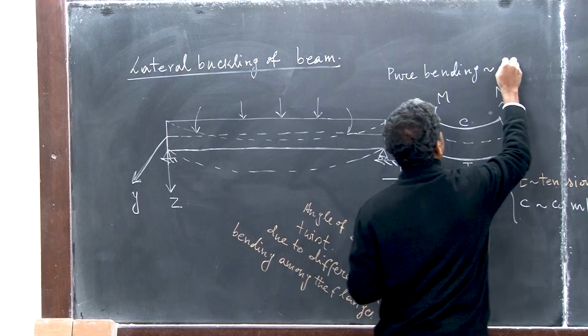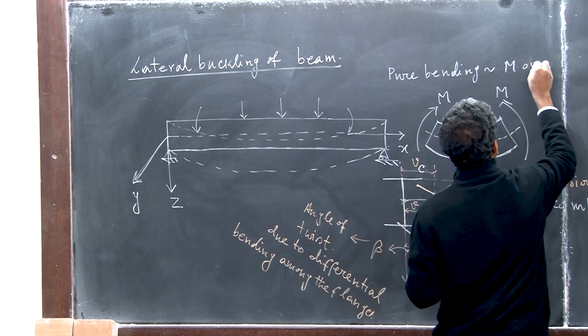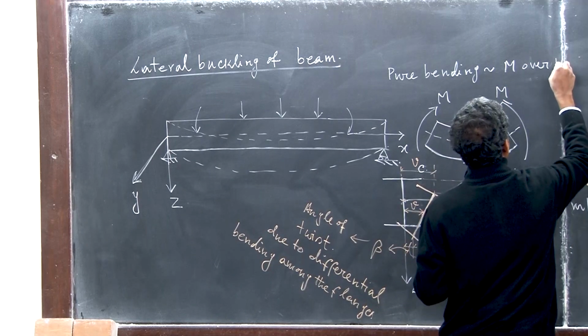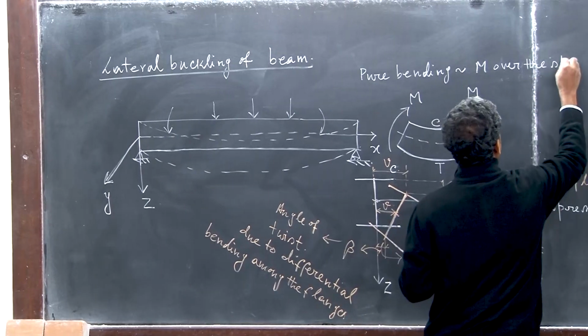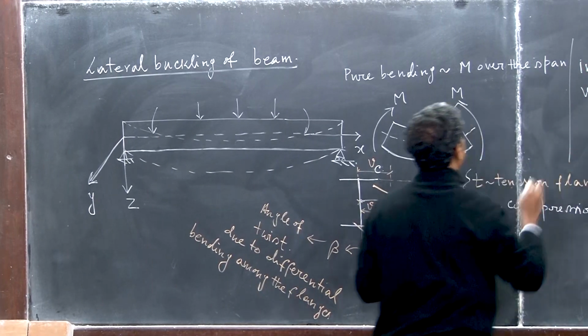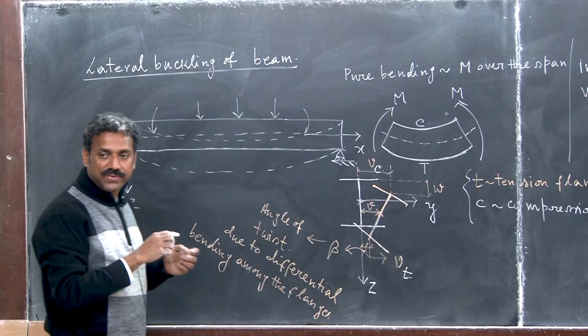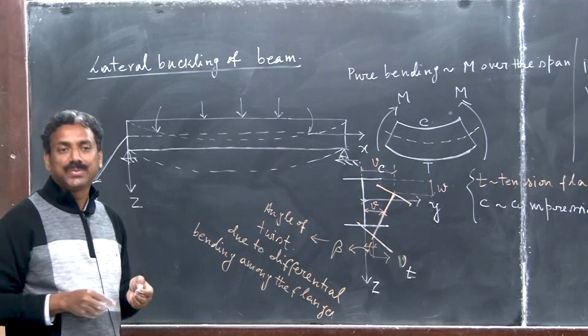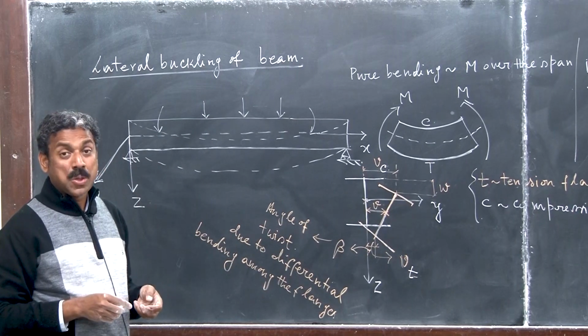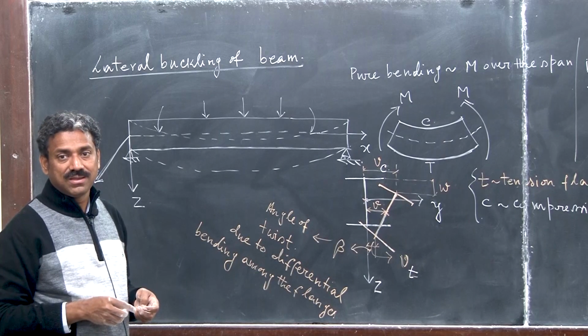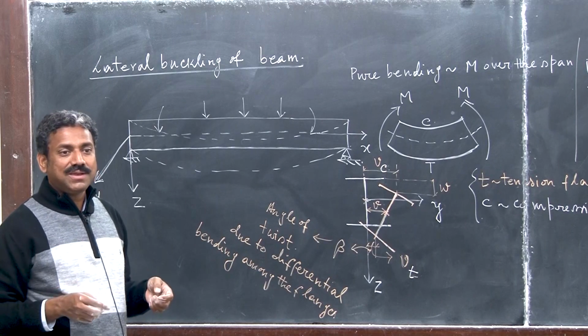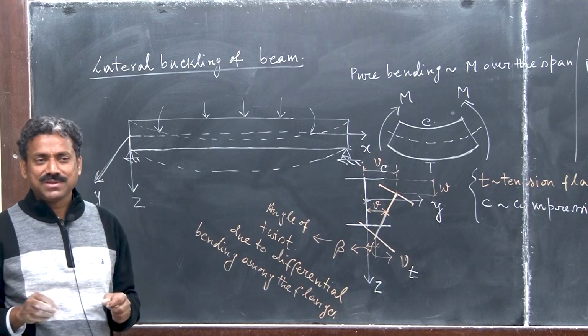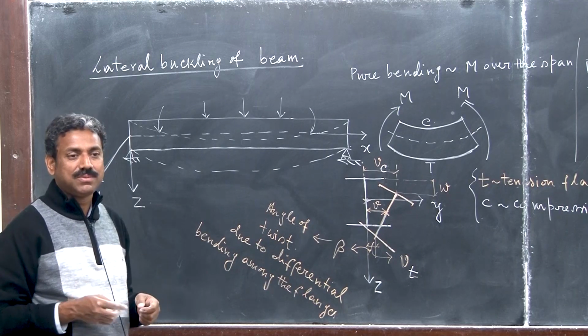That means bending moment M over the span, the same uniform moment over the span. Why are we taking that? Because then it will be simplified. Otherwise it is possible, but it will be a little complicated.